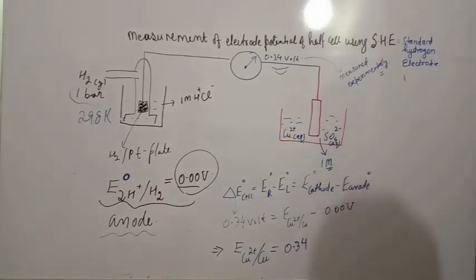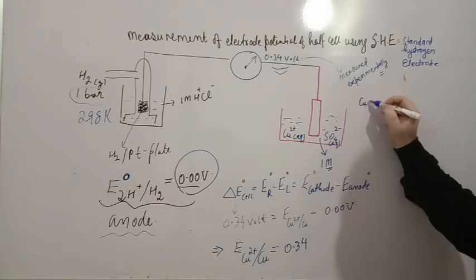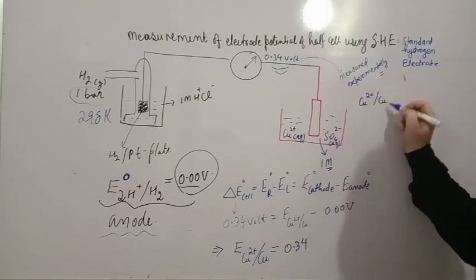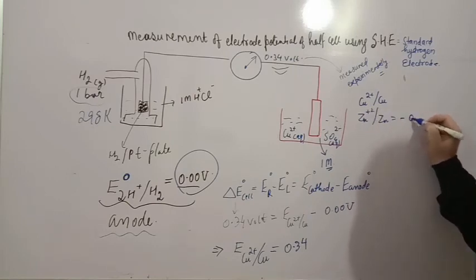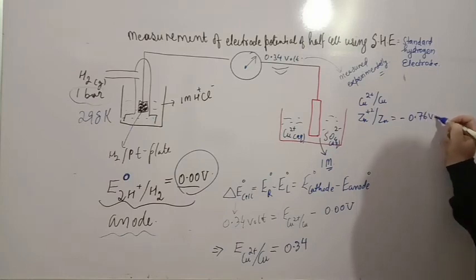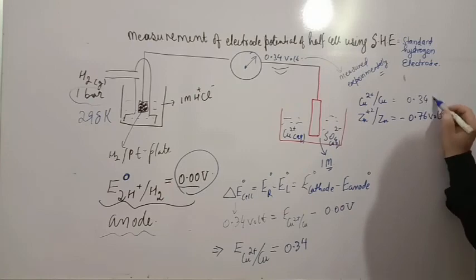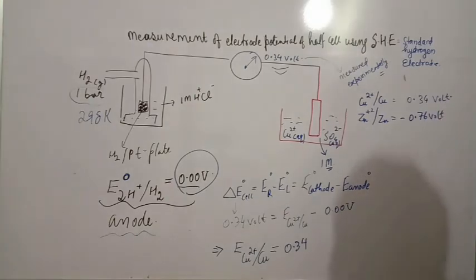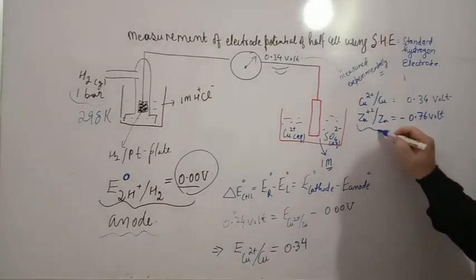In this way, many cells are coupled. Here we coupled Cu2+/Cu. Similarly we can couple Zn2+/Zn, and we will get a value of 0.76 volt. Here we got 0.34 volt. Similarly, the reduction potentials of many such electrodes are found out.